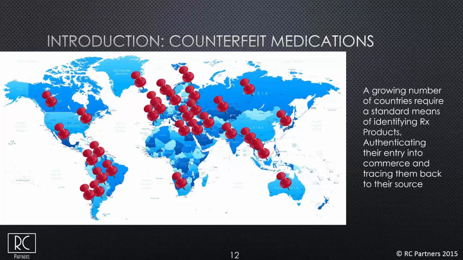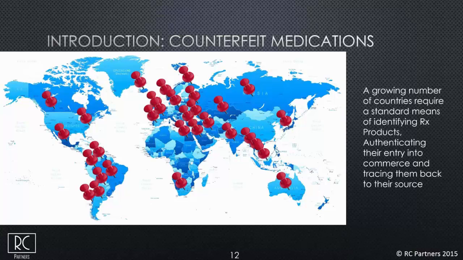So the industry, as they started to work with us, was aware of what was taking place in the United States, the items that I just showed you, but also aware of the fact that their products were being counterfeited, and regulators around the world were starting to create legislation and regulation to address the issue. So this was really a worldwide issue, not necessarily just the U.S. issue or a particular state's issue.